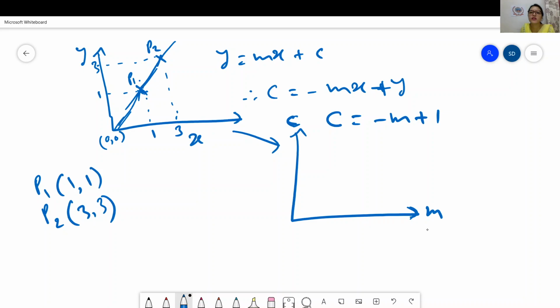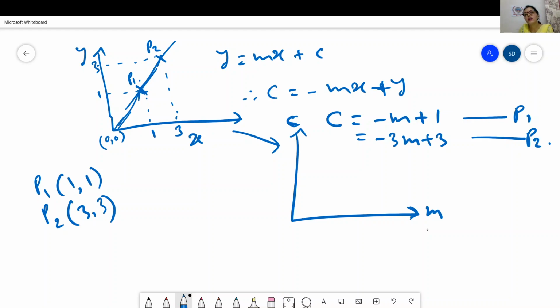This refers to c. And using the second point, we get minus 3m plus 3.